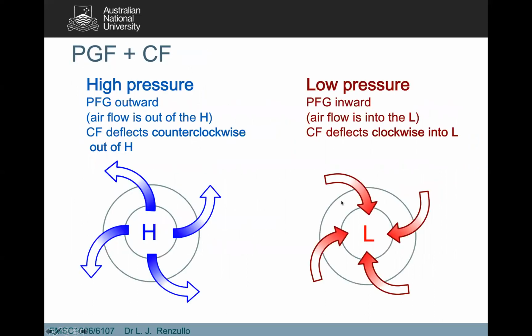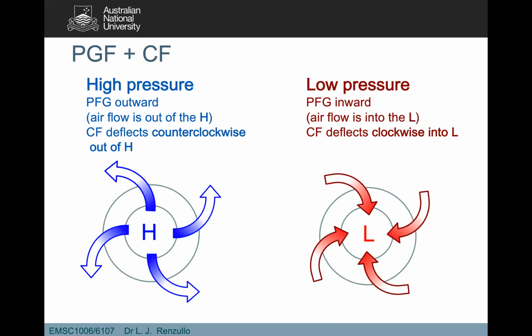And where in the past we had the depiction of air flowing out perpendicular, at right angles to the circle, as a result of air going from high to low, in this case the air is deflected to the left, or counterclockwise, out of the high pressure system as a result of Coriolis force.